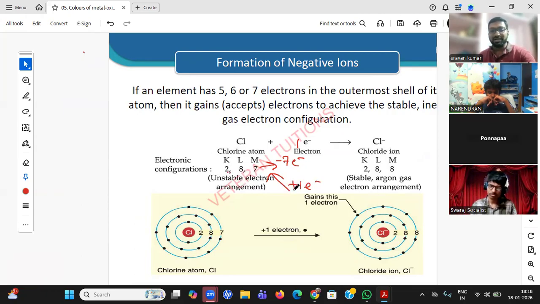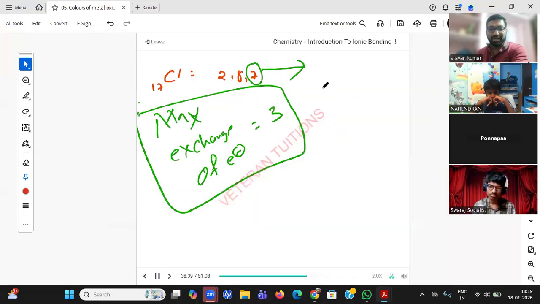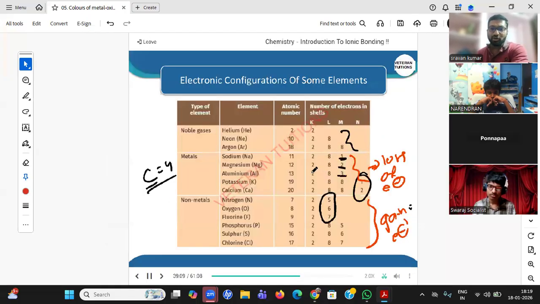Taking 1 electron is the favorable condition. That's the reason all the non-metals generally want to take electrons. Once the electrons are taken by this atom, we write chlorine minus, because the number of electrons is now more. Here it is neutral, here it is more. That is what negative ions are. Negative ions are generally called electronegative in nature.